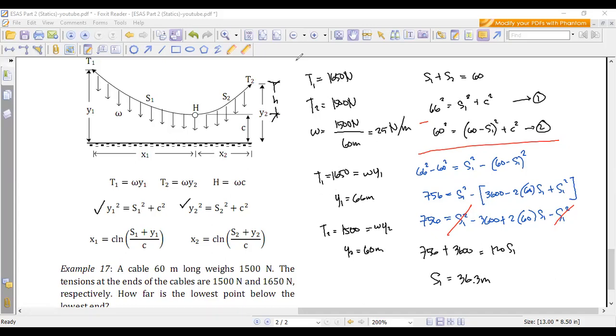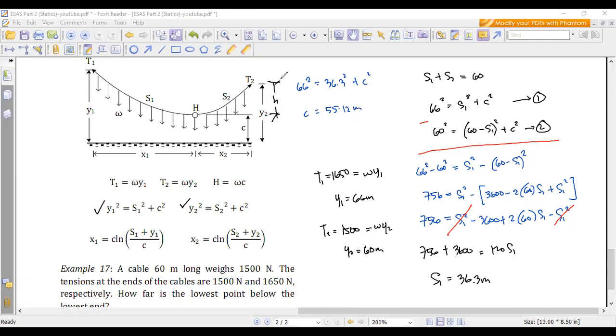Of course, we can calculate C after. Calculating for C, let me erase this one. We have 66 squared equal to 36.3 squared plus C squared. So C then is equal to 55.12 meters.